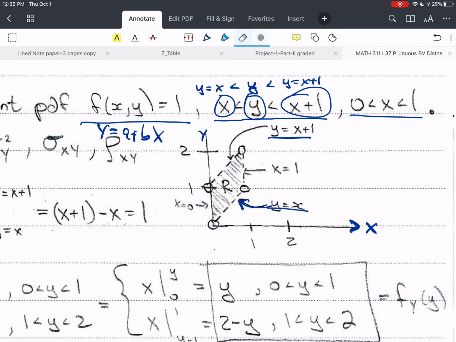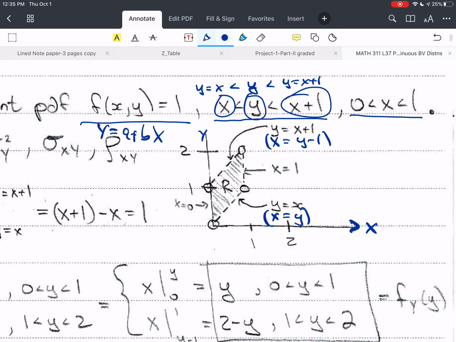I'm also going to express these in terms of x because I will need them. I have put in the equation of this line, x equals 1, this line, x equals 0, and I will put in x equals y minus 1 and x equals y as alternate ways of expressing those two lines.